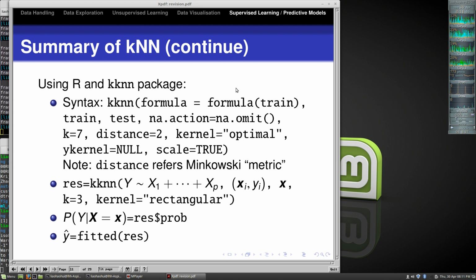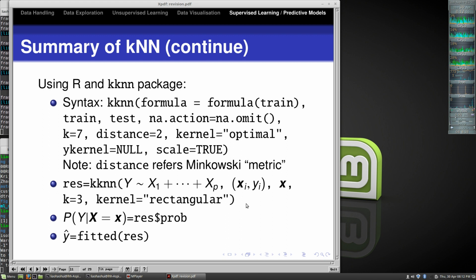kknn, some of you used it in the assignment, but I think no one actually realized that kknn is not exactly the k nearest neighbor that we have discussed in class, unless you set the kernel to be rectangular. By default it's actually the weighted KNN.